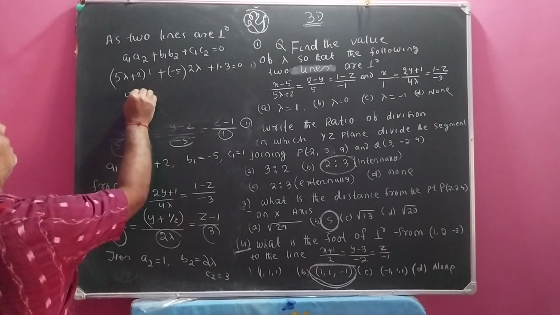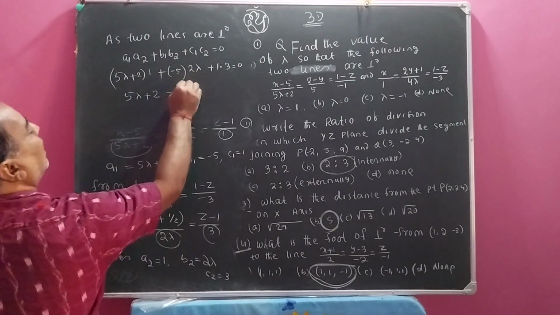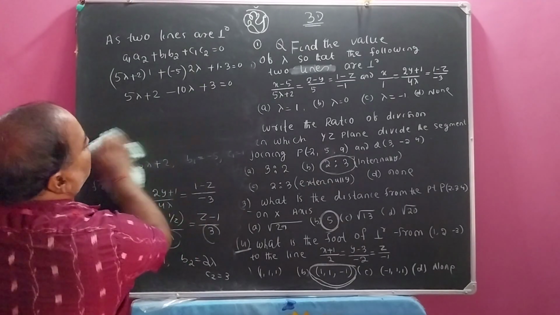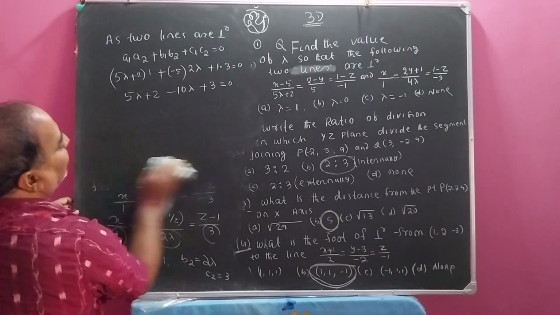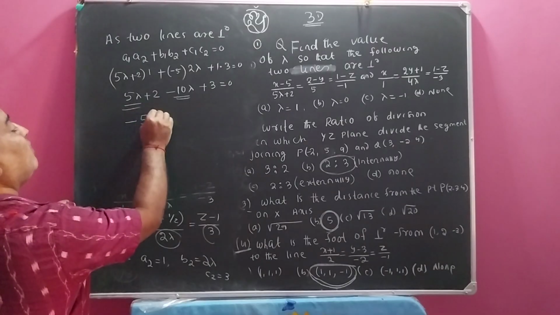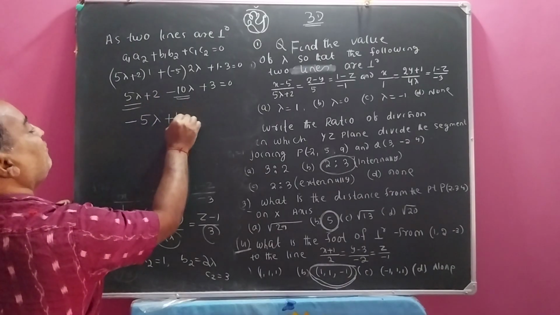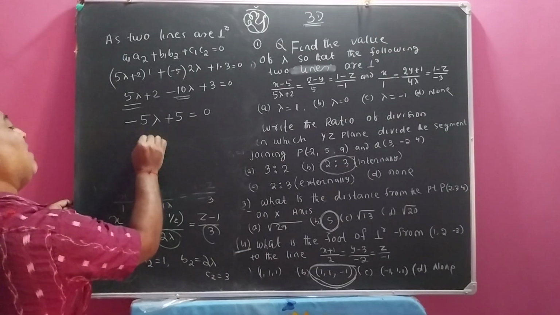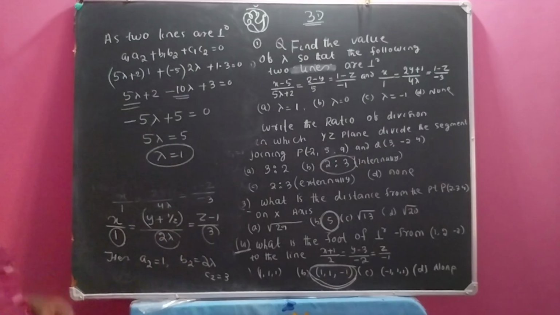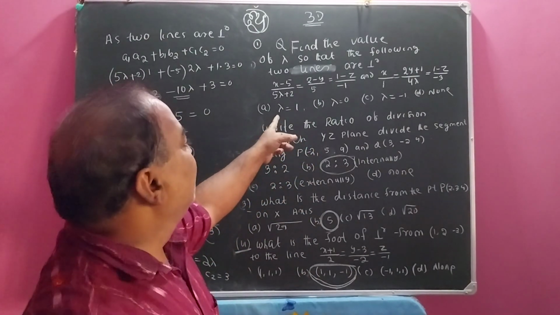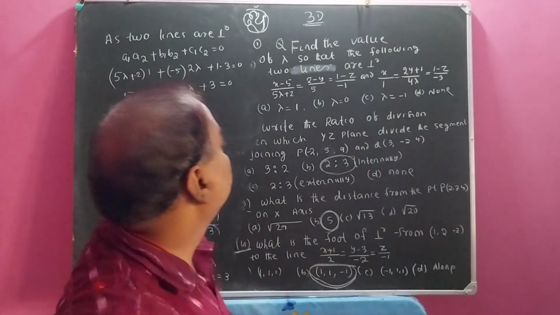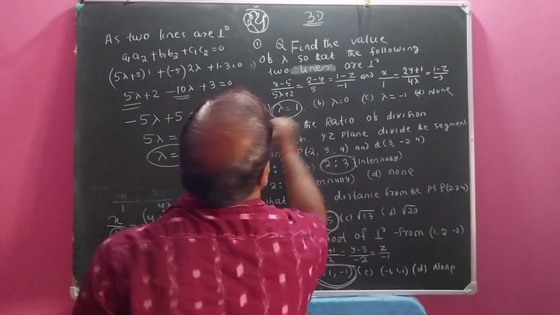So 5 lambda plus 2 minus 10 lambda plus 3 is equal to 0. We get minus 5 lambda plus 5 is equal to 0, so 5 lambda is equal to 5, lambda is equal to 1. In our choices, lambda is equal to 1, lambda equal to 0, lambda is equal to minus 1 and none. So the correct answer is lambda is equal to 1.